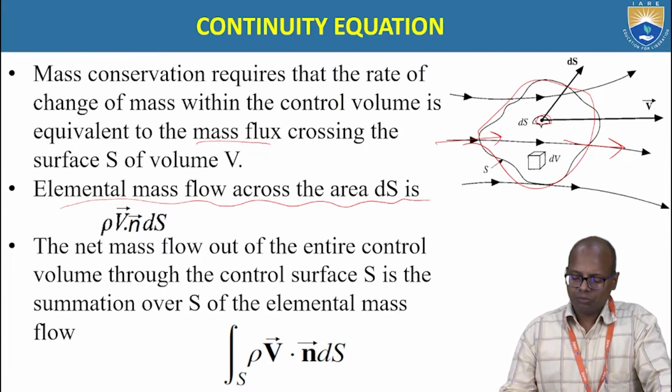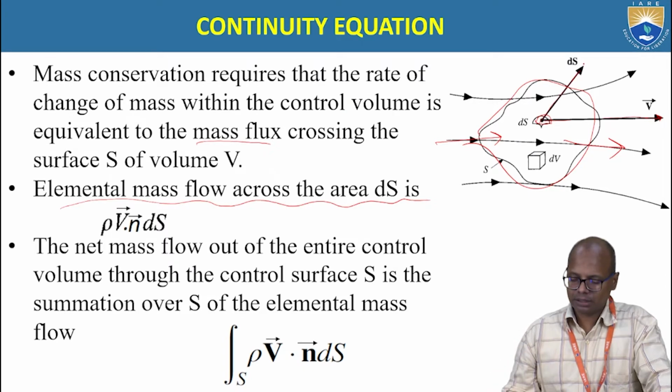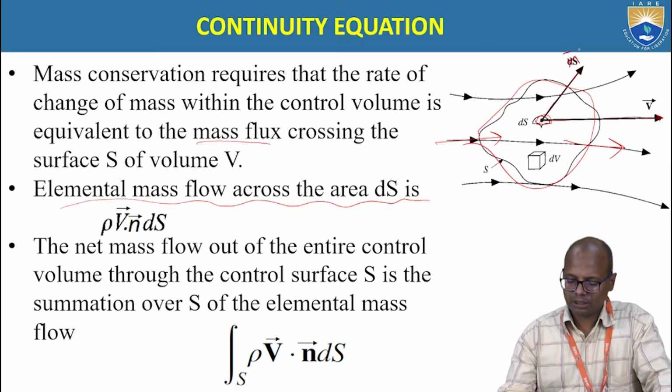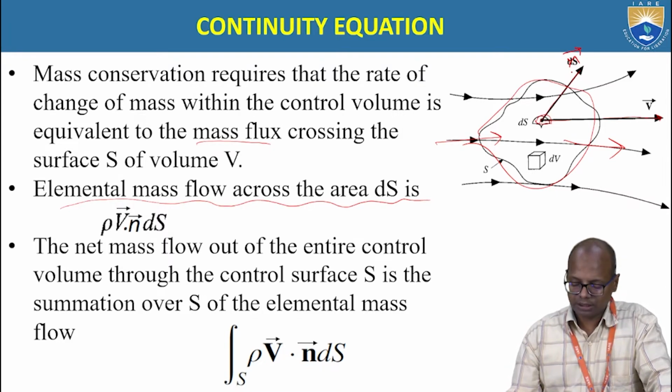Now the velocity is v bar, and the normal is n bar. What is the magnitude of the velocity in this normal direction? It will be given by v bar dot n bar.